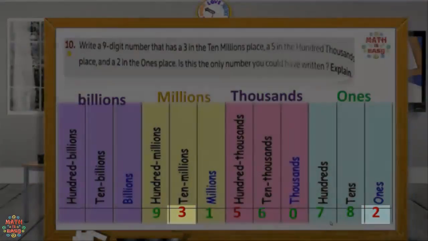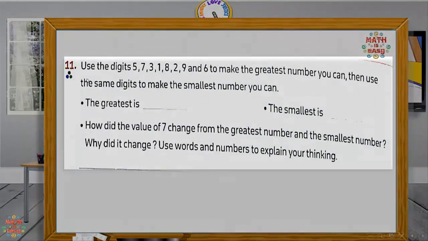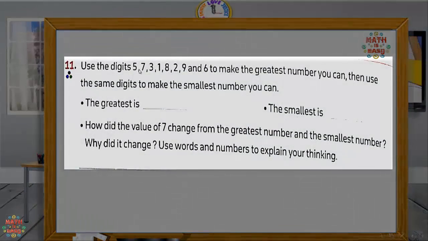Here I write 870619. You can write different digits here. 11. Use the digits 5, 7, 3, 1, 8, 2, 9, and 6 to make the greatest number. Then use the same digits to make the smallest number.